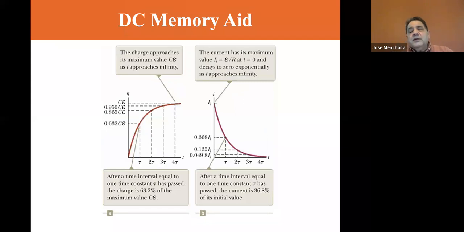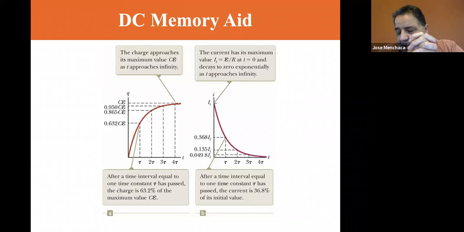Now if we go back to the DC case of a charging capacitor, you have an RC circuit. You remember when you first flip the switch, there's no charge on the capacitor, but the current is max. So the current is at a peak before the voltage even begins. Again, this is my own little memory aid.